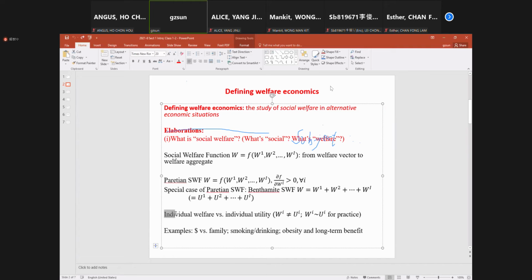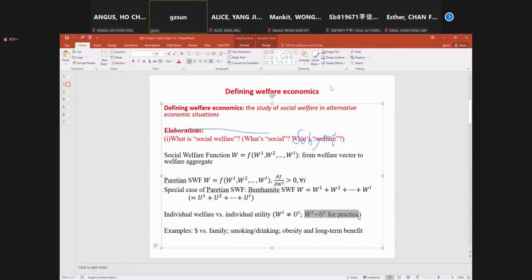That is, can we equate individual welfare with individual utility? Are they the same for anybody i? Does welfare equal utility? This is a subtle point, really subtle. But for our purpose in this course, we can simply assume they are roughly the same.